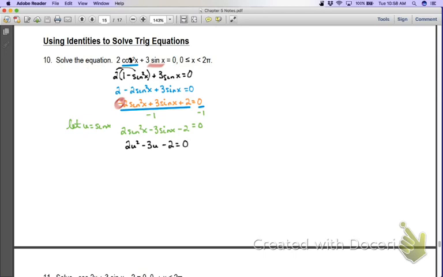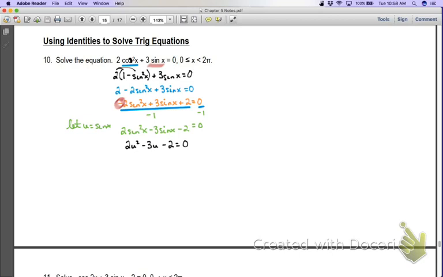That's completely fine. I have no issue with that. If you just want to leave it as 2 sine squared x minus 3 sine x minus 2, if you look at the keyed notes, that's what's going to be done. They didn't get changed to an arbitrary variable.